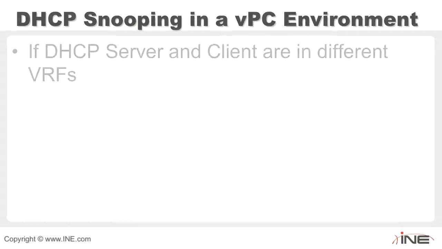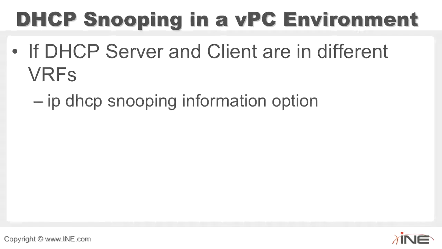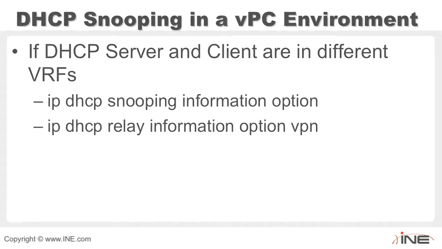Okay, something else to take into consideration is that if the DHCP server and client are in different VRFs, we may and will need to turn on ip dhcp snooping information option, so option 82, and also tell that information option about the VPN or VRF. So VPN routing and forwarding, or virtual routing and forwarding, however you want to say that V in the acronym is defined.